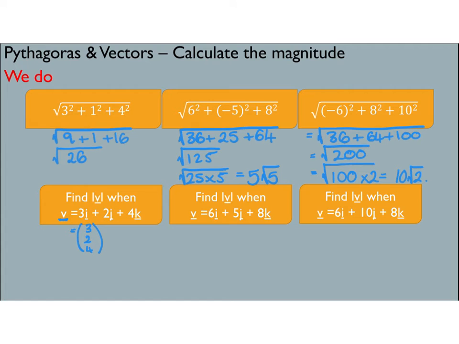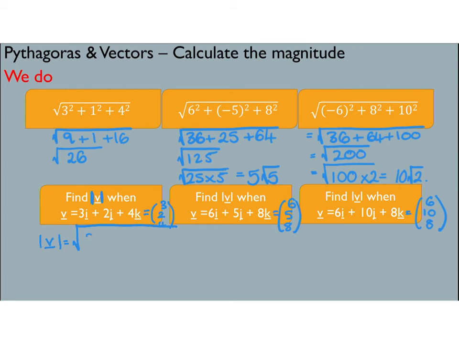I'll just move that over there. This one here, see how it's got i, j, k in alphabetical order? As long as it's in alphabetical order, you can just put the numbers like that. Again, it's got i, j, k, so just put the numbers in order, starting at the top and working your way down. Remember when we've got the square bits at either side of the letter there, we're just finding the distance, so we're going to be using Pythagoras.